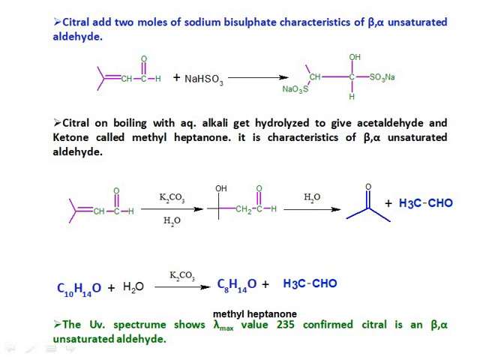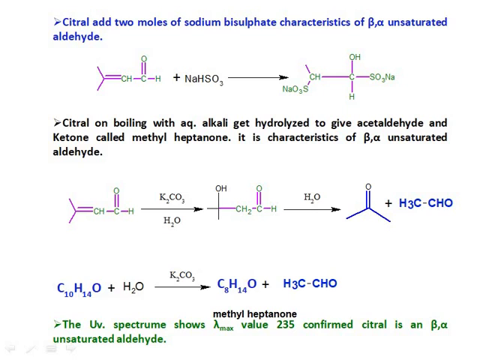The second reaction that can be done on citral is with aqueous alkali, which hydrolyzes it and produces acetaldehyde and the ketone methyl heptenone. This is characteristic of an alpha beta unsaturated aldehyde. It means that when citral is treated with alkali like potassium carbonate in water, it forms this aldehyde and the ketone, right? This is alpha carbon, this is beta carbon.